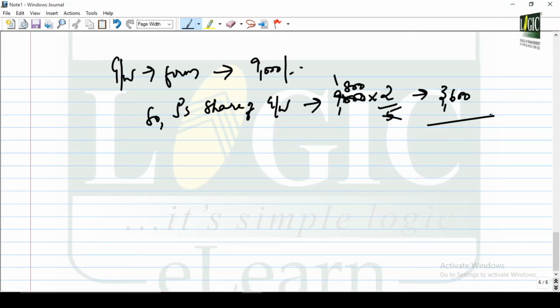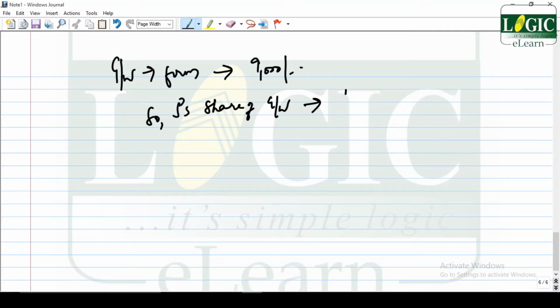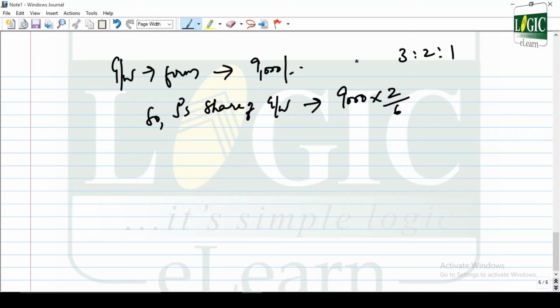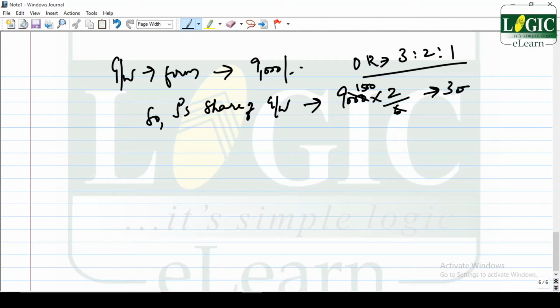S's share of goodwill is 3,600, right? 9,000 into 2, it is not 2 by 5, it is 3:2:1, so 2 by 6. 9,000 into 2 by 6, because the old ratio is 3:2:1. So that gives you 3,000. Now what is the journal entry?